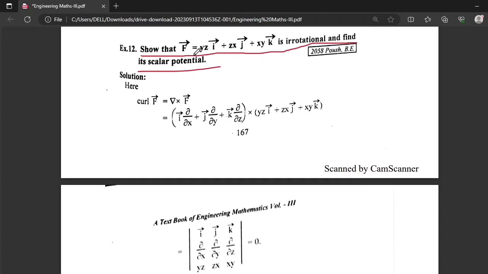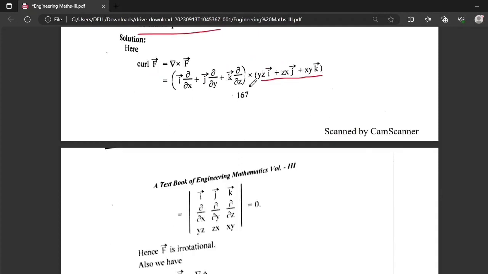To show that the vector is irrotational, we have to show that curl of F is 0. So curl of F is grad cross F vector. Grad is i d/dx plus j d/dy plus k d/dz, and F vector is given in the question as yz i plus zx j plus xy k.